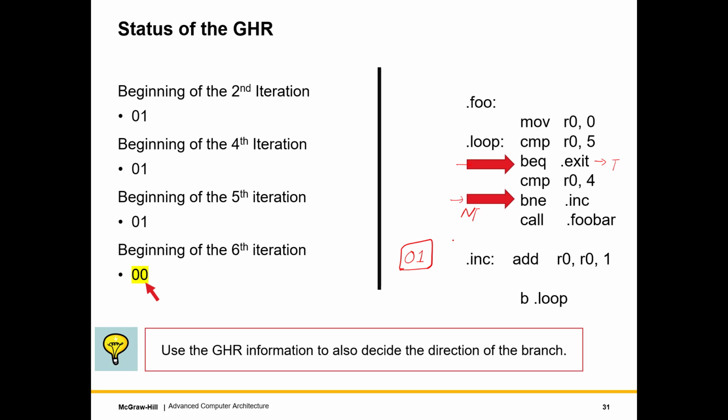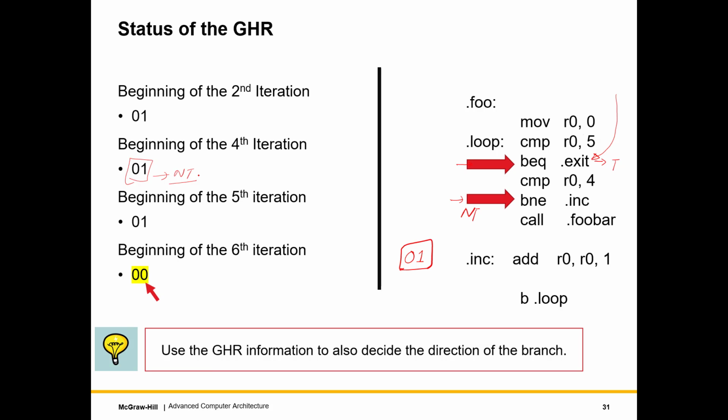This means that if I'm able to dedicate a GHR for the foo function, the next time that we come to this branch, we are going to see the value of the GHR as 0, 1, and given the fact that 0, 1 always corresponds to not taken, we will predict correctly.